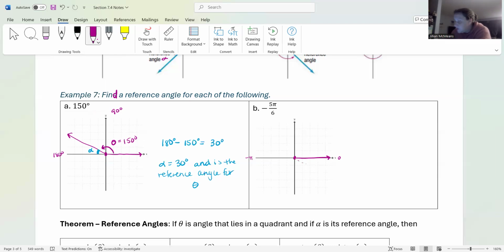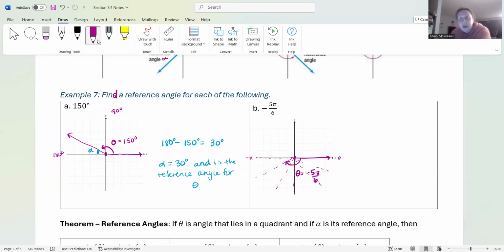So let's say this is 1, this is 2, this is 3, this is 4, this is 5, and this is 6. So if I sweep open in the clockwise direction, I'm going to go 1, 2, 3, 4, 5 pi over 6 radians. So we have theta is negative 5 pi over 6 radians.